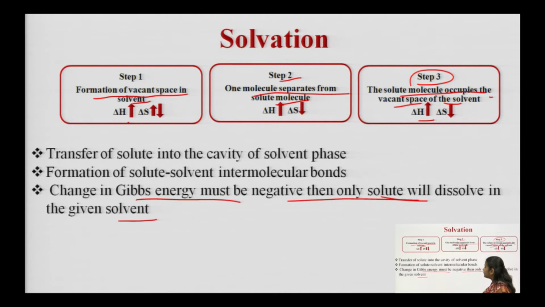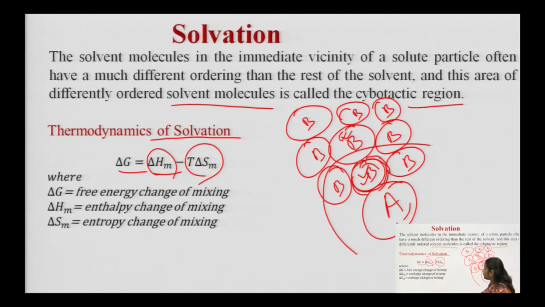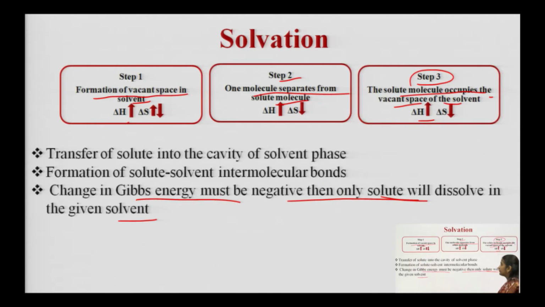From this equation, if we want delta G to be less, we want delta S m to be greater and delta H m to be negative. Then only will delta G be negative.